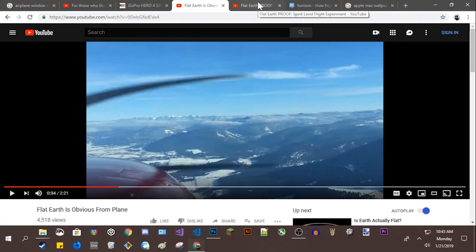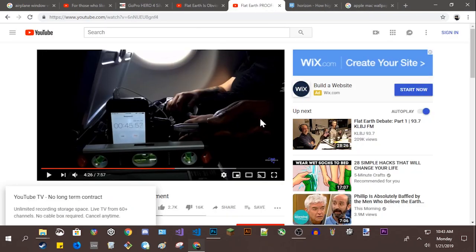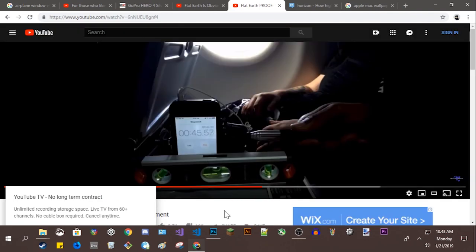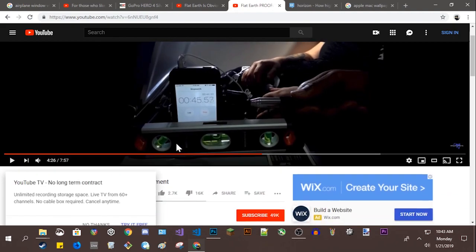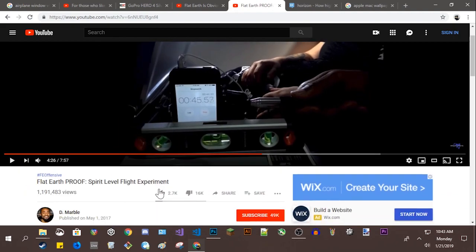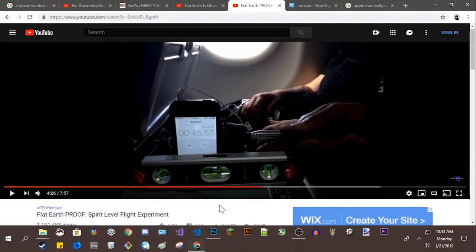Now, there's another problem about airplanes that would have to go in a globe Earth. This guy takes a level and puts it on a plane, and he shows that the airplane does not have to compensate for the supposed curvature of the Earth, and it's just flying over a flat, level surface.